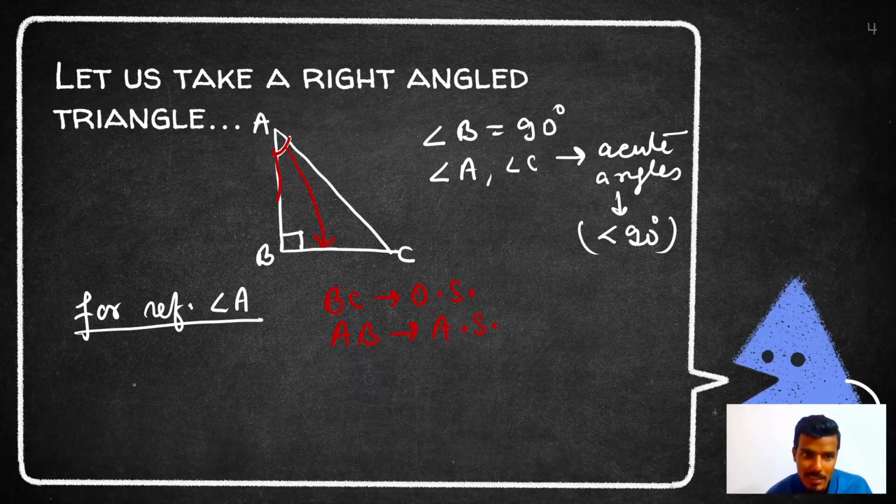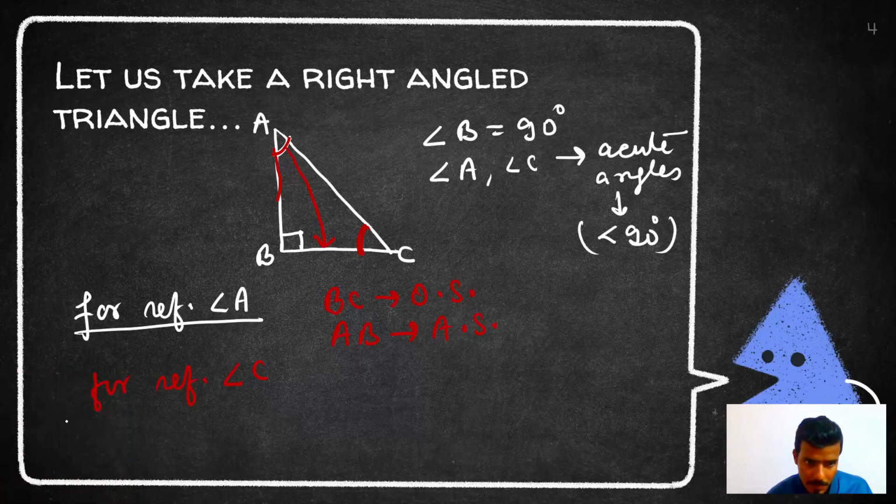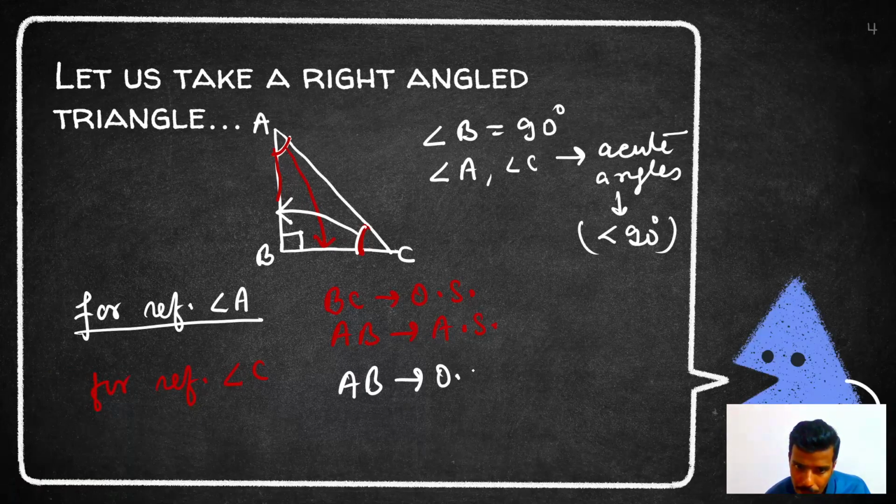Similarly, for reference angle C, AB is the opposite side and BC is the adjacent side.